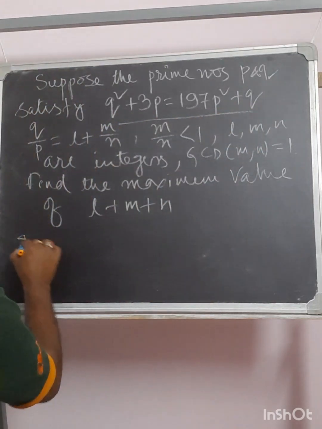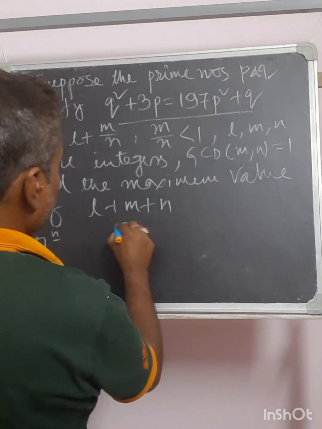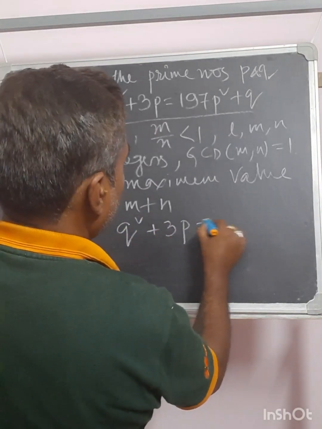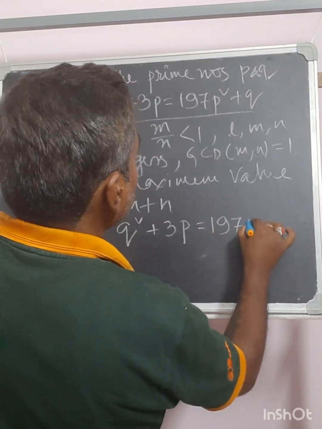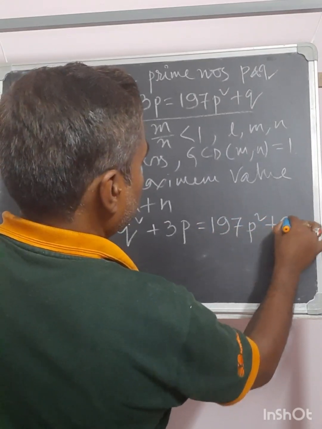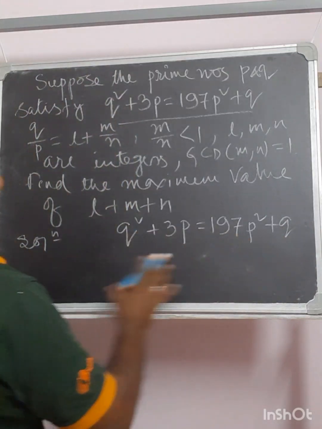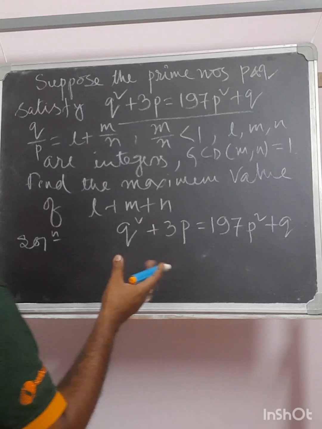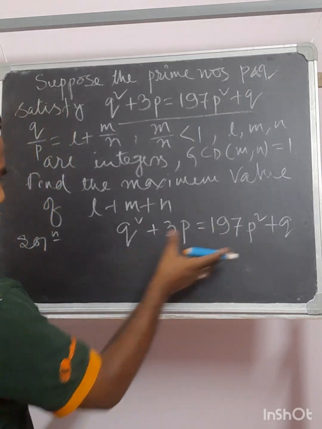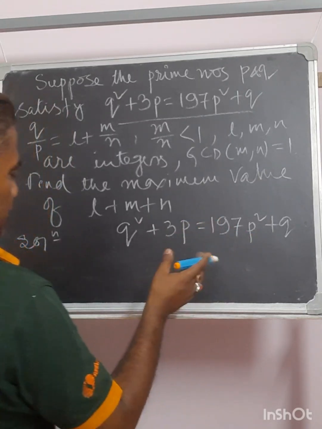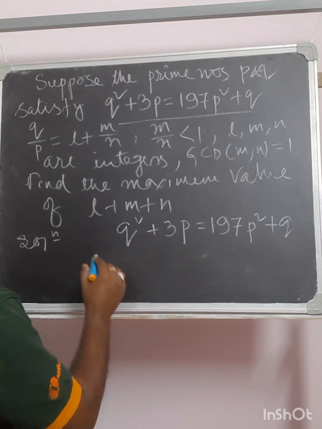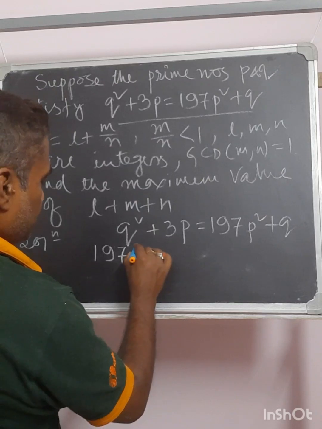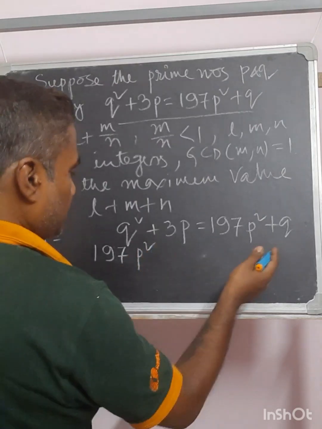So if I write it here, Q square plus 3P is equal to 197 P square plus Q. It is a bit confusing equation. Mostly you cannot get any uniformity to start with. So just follow the steps how I am doing, because there is a quite typical logic to understand.